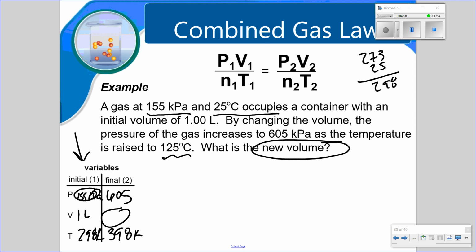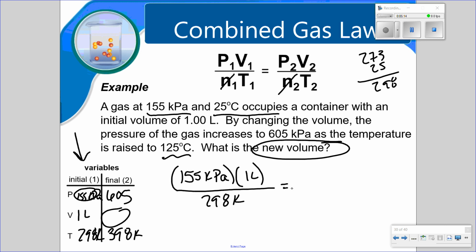So I'm going to go ahead and plug and chug here. I've got my n1, which is held constant. It does not mention it in the problem, so I'm going to assume that that is constant. So pressure 1 is 155 kilopascals. Volume 1 was 1 liter. Temperature 1 was 298 Kelvin. Pressure 2, 605 kilopascals.